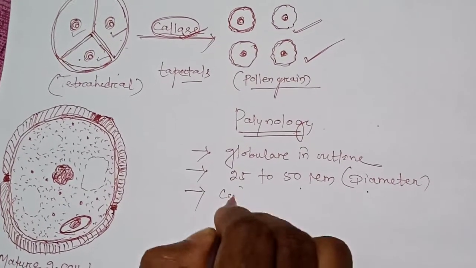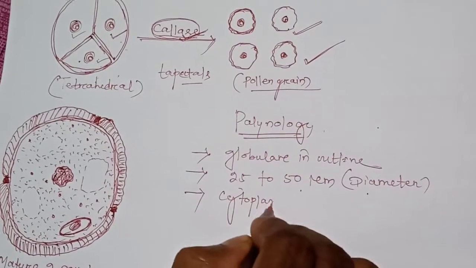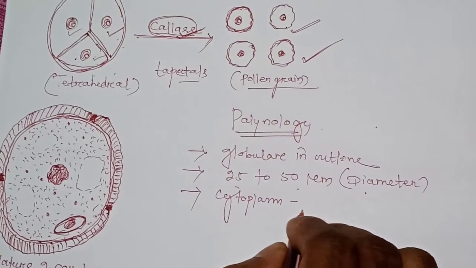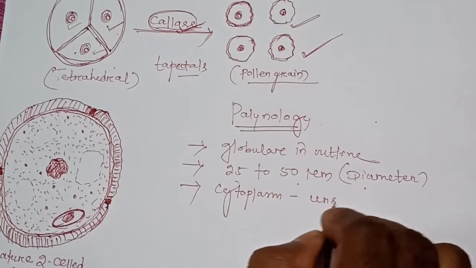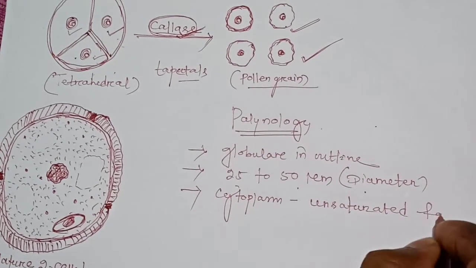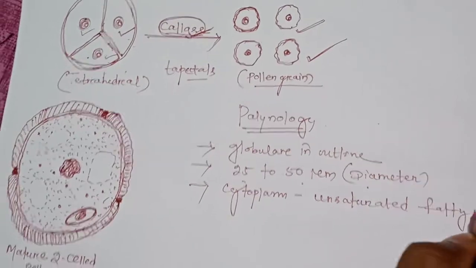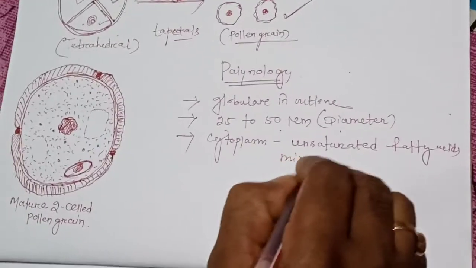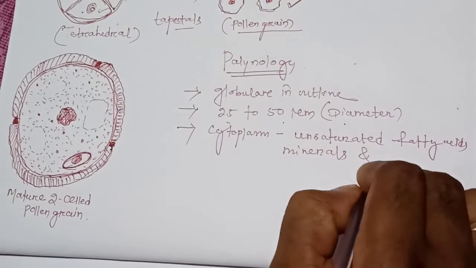The cytoplasm of the pollen grain is rich in long unsaturated fatty acids, minerals, and other nutrients.